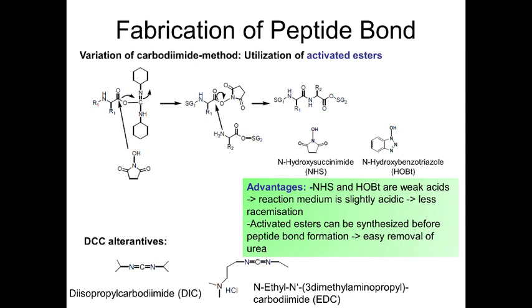In this case, you have the activated amino acid that can react with the amine group of the second amino acid, and via this process you remove NHS again, and you have formed your desired product, which is the dipeptide.